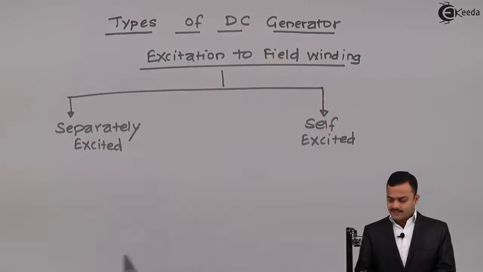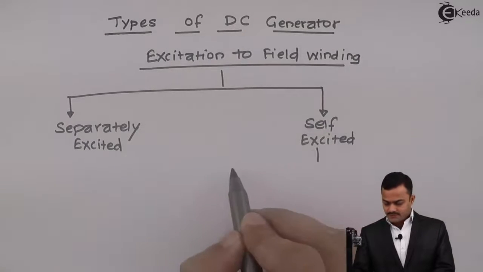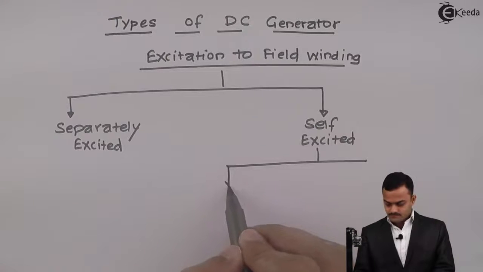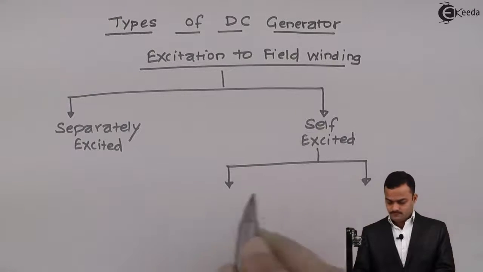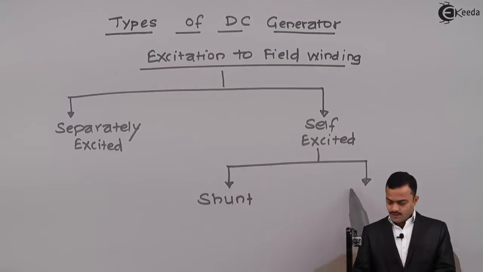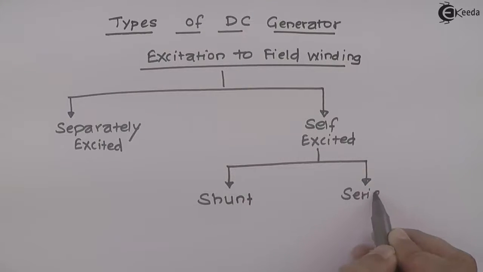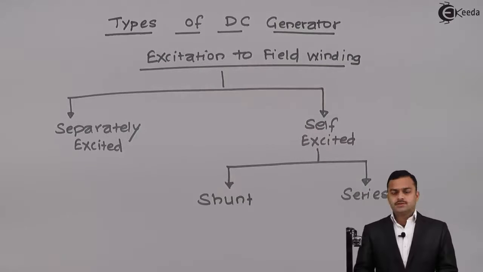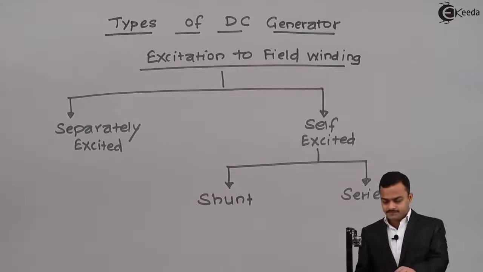In self-excited, we have two further types: shunt generator and series generator. So let's see this one by one.